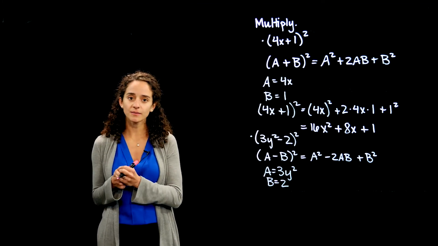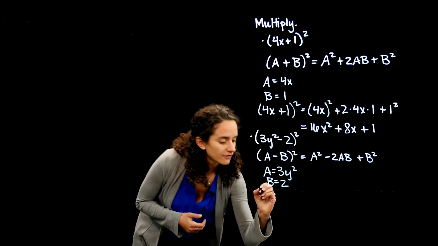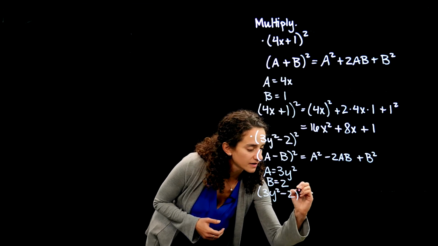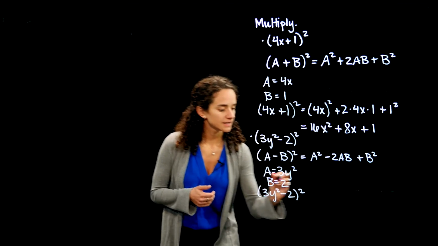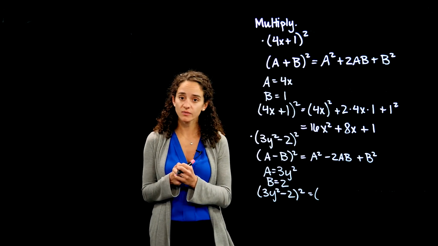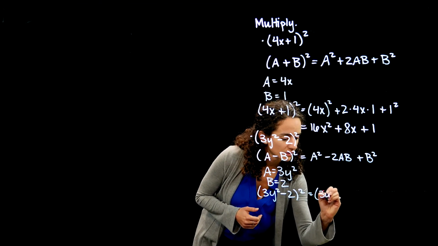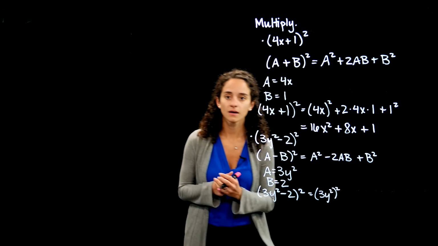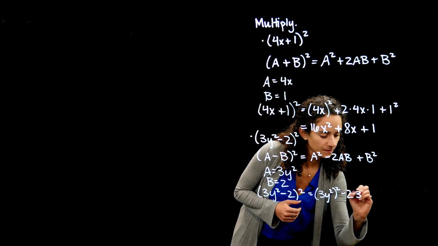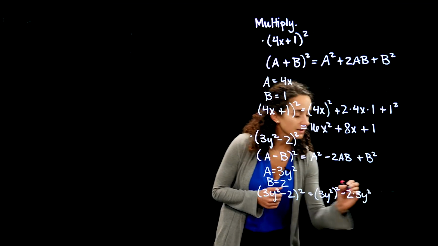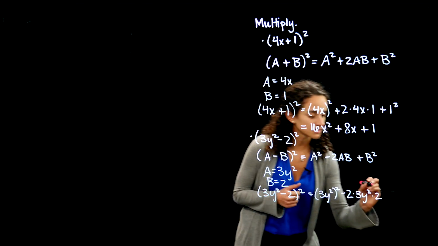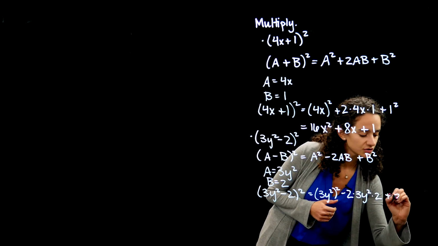And so plugging into our pattern, we have 3y squared minus 2 quantity squared is equal to our a, which is 3y squared, squared, minus 2 times our a, which is 3y squared, times our b, which is 2, plus our b squared. So plus 2 squared.